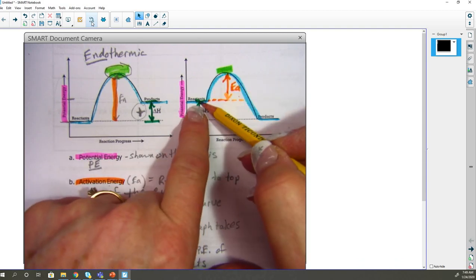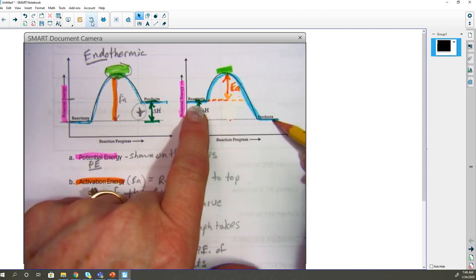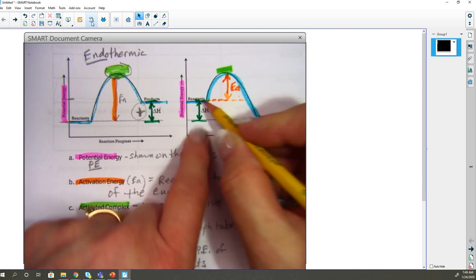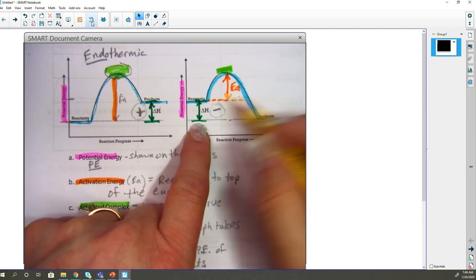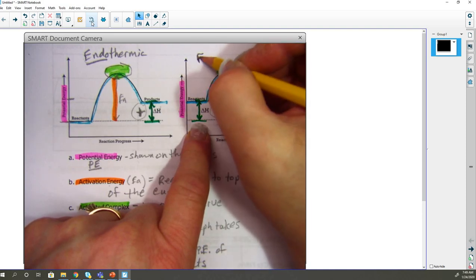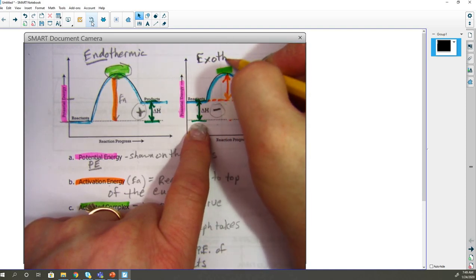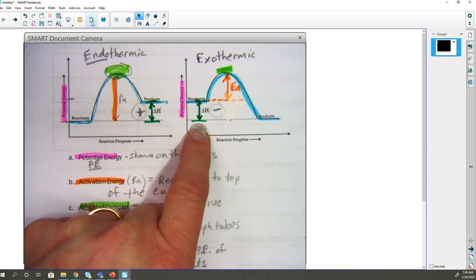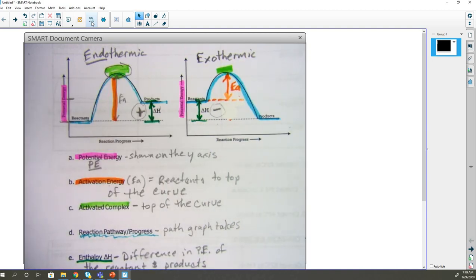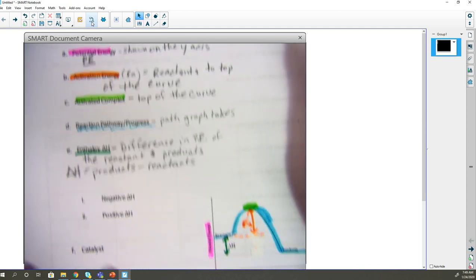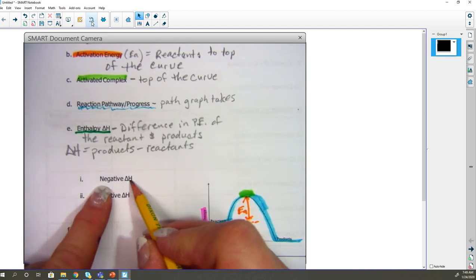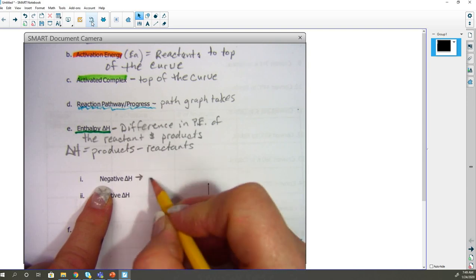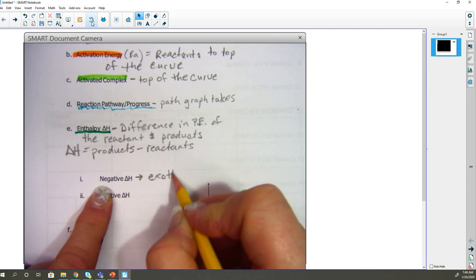This one over here, the products are lower than the reactants. So here, delta H is negative because I gave off energy. Because I gave off energy, this is exothermic. Okay, everybody okay? So down here at the bottom, what does negative delta H mean? That means I have an exothermic reaction.